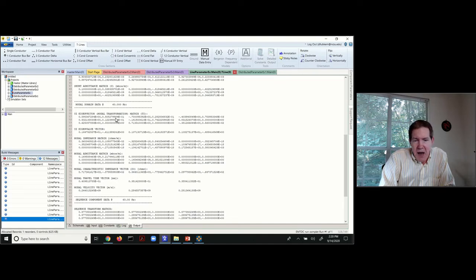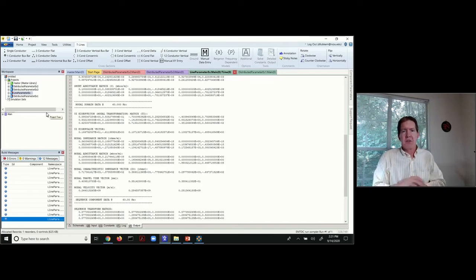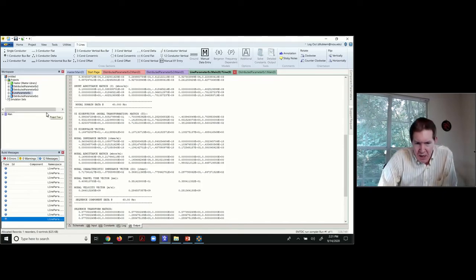What's interesting about this is that T-line actually comes up with a customized K matrix for this particular system. When you apply this K matrix to diagonalize the 3-phase coupled equations, they show you the result of applying that to the modal impedance matrix and the modal admittance matrix.